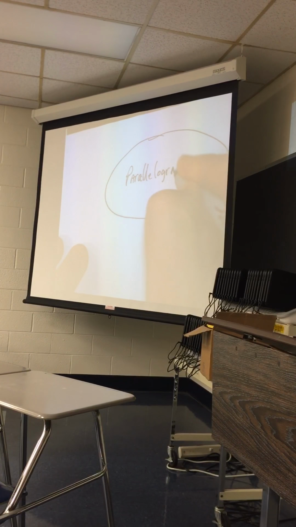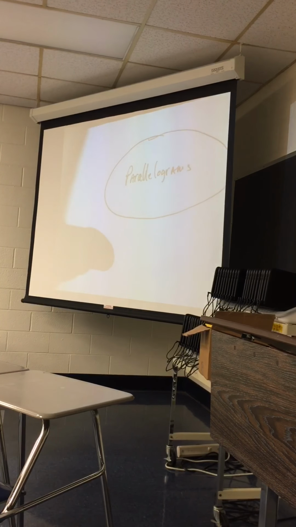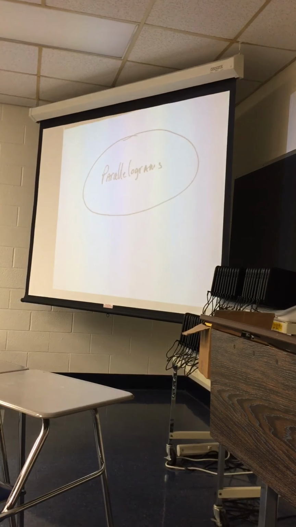All right, so let's summarize all that we've talked about with parallelograms. So draw this in your notes, okay? Here we go. A big circle at the top, and write the word in it, parallelograms. All right, what a parallelogram looks like is this.